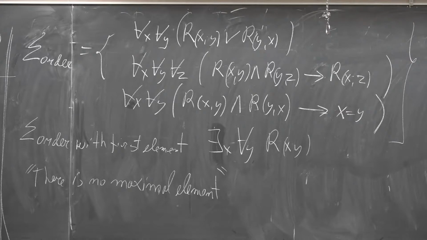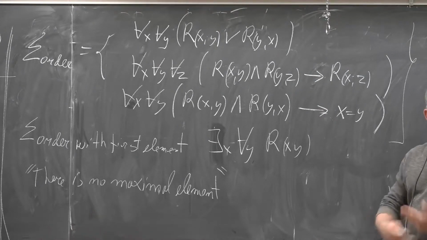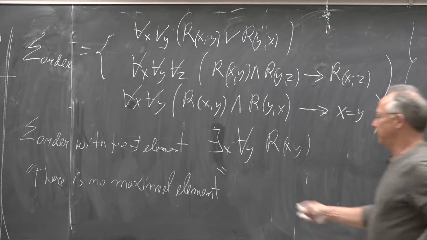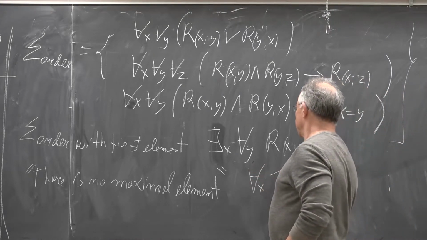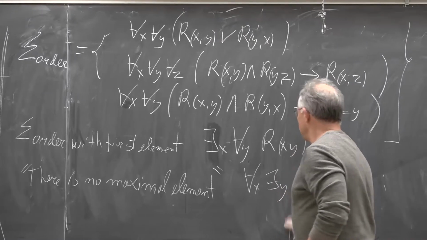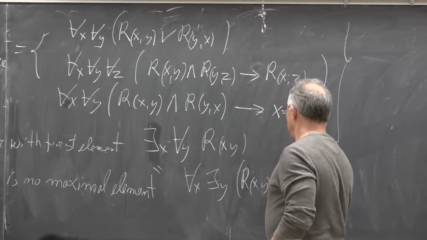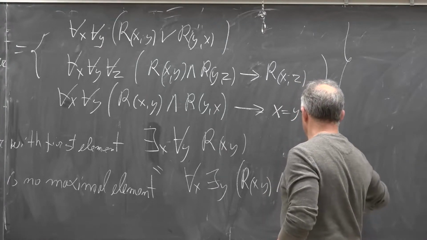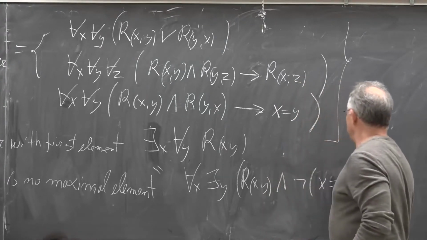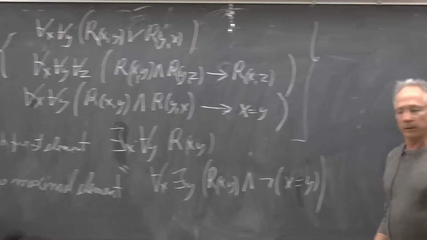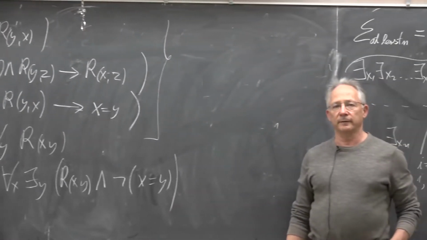Yes? For all x, there exists a y such that R(x,y). And they are different, because otherwise it will be the same guy. Right. So I'll say for all x, there exists a y such that R(x,y) and not x equals y. So now I said there is no last element.